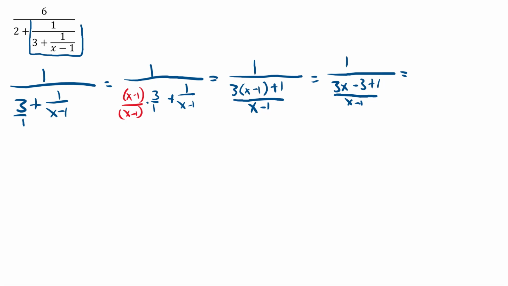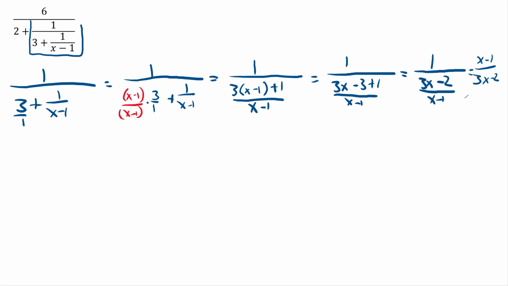Now let's combine like terms: 1 over 3x, and then negative 3 plus 1 is negative 2, over x minus 1. And that little trick like we showed you on the first problem: if you have a fraction for the denominator, especially with a 1 up top, you're just flipping it, so you have x minus 1 over 3x minus 2.